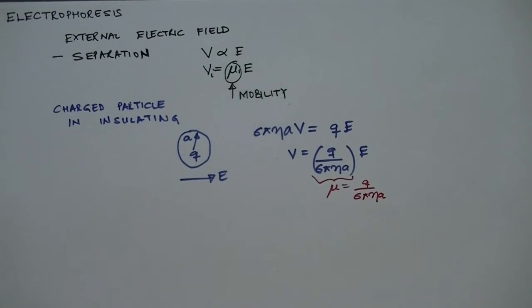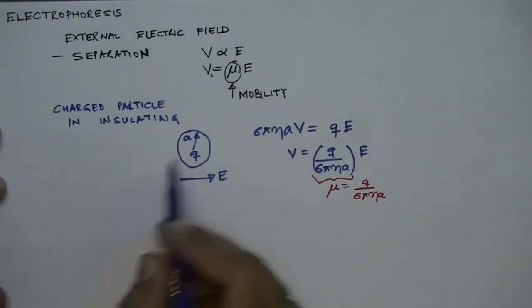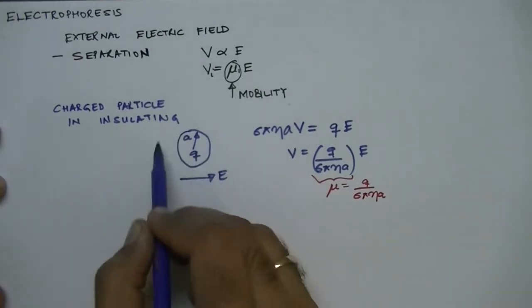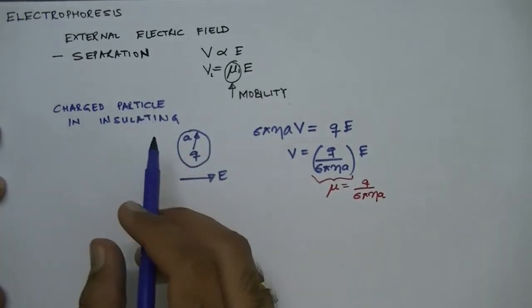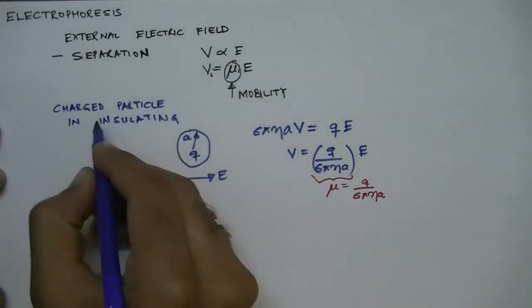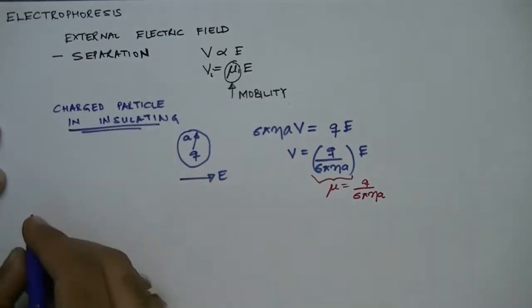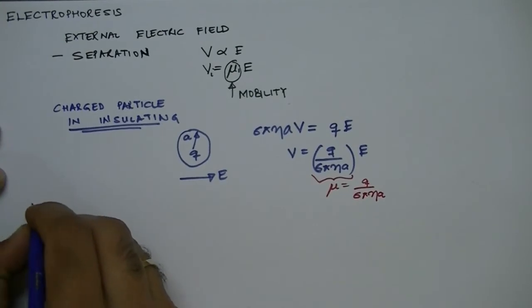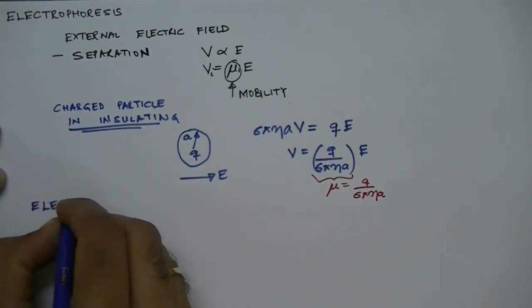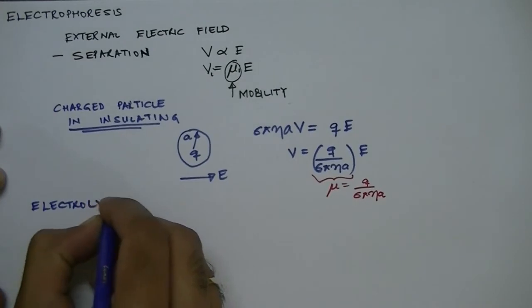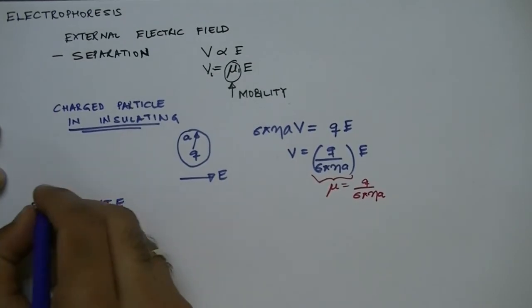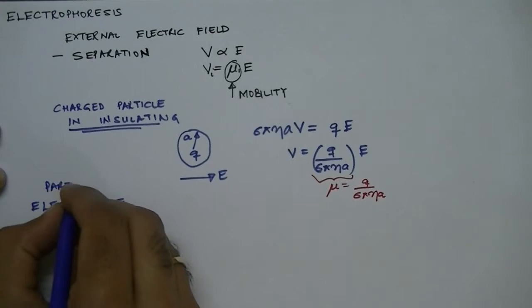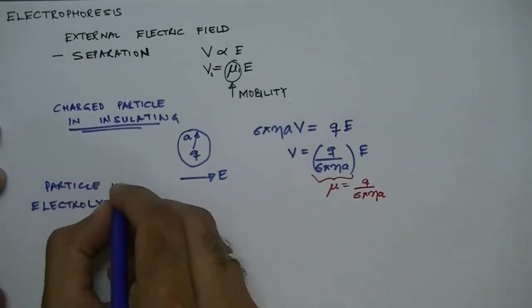But most of the time we are interested in separating particles or charged ions in an electrolyte solution. So we need to see what happens if you have this charged particle within an electrolyte solution, and the situation differs from the case of an insulating liquid when we have an electrolyte solution within which the particle is immersed.